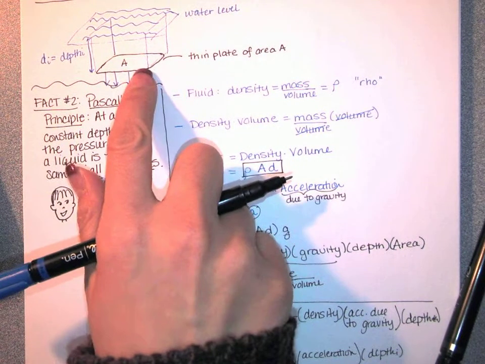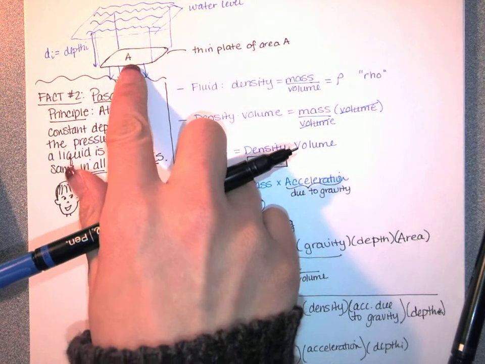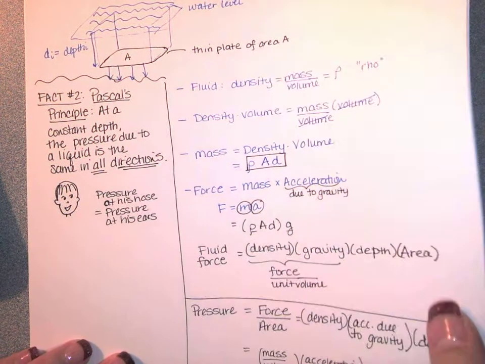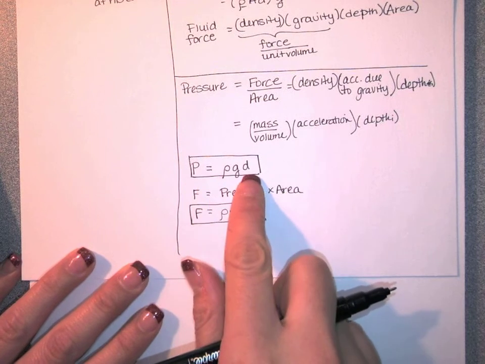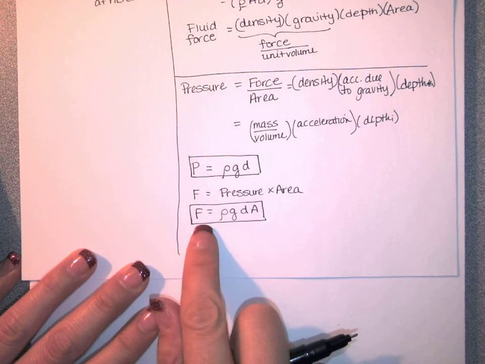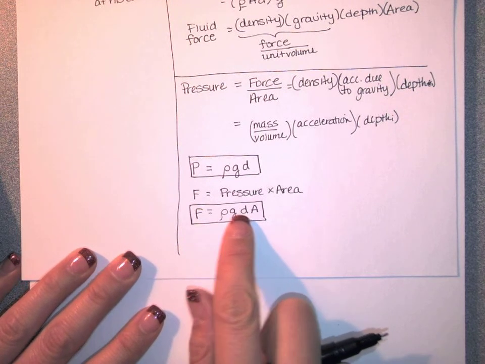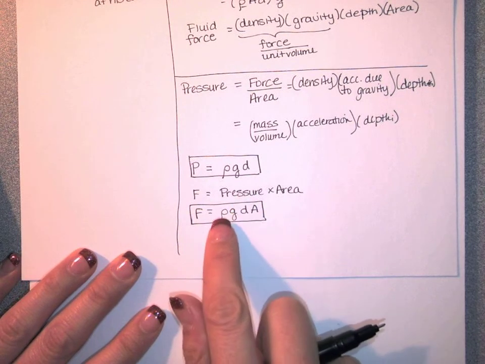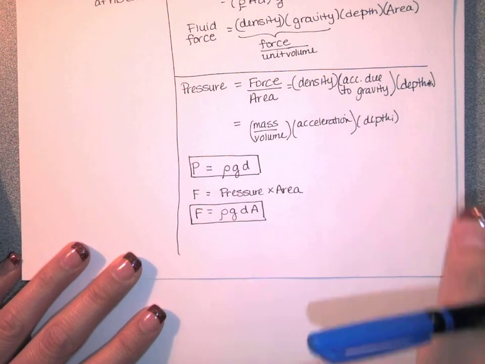If it's at a constant depth, the pressure experienced is still going to be the density times gravity times the depth, no matter which direction you're coming from. And the force acting on something is still pressure, which is density times gravity times depth, times the area of that piece.